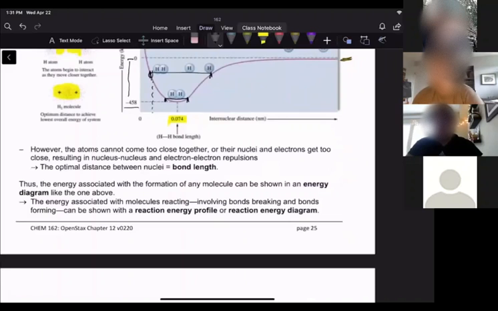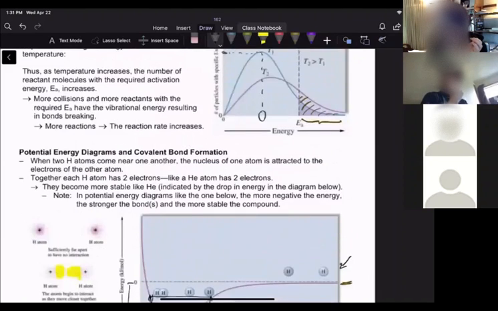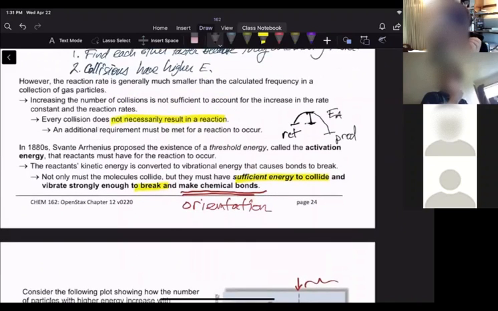Okay, so this is an energy diagram, or sometimes we will talk about it as a reaction profile or an energy profile. In this case, we're looking at the internuclear distance, and it's pretty intuitive that way. But in some cases, I don't know if you've seen one that looks like this little drawing where we have the reactants going to the products.